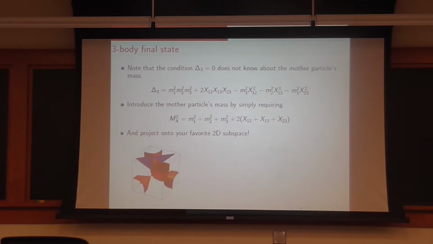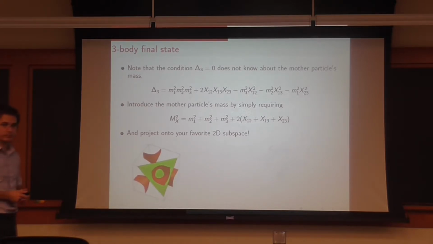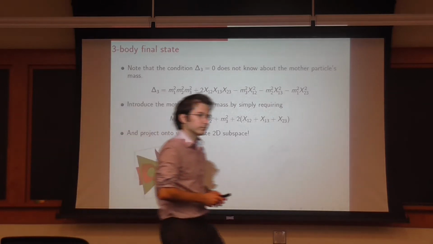I'm wondering how this changes if that assumption is not there. The matrix element is not here yet, so it won't change anything if there was a slightly off-shell or very off-shell intermediate state. It doesn't matter for the final state configuration right now, because we are just looking at the phase space, not the matrix element. So intermediate particles, it doesn't care.